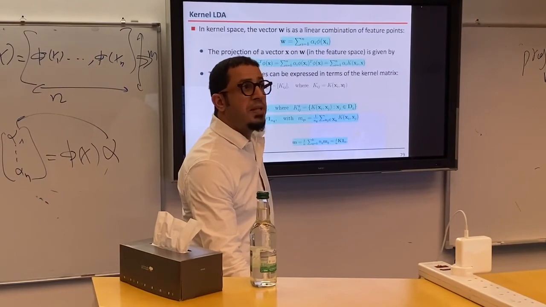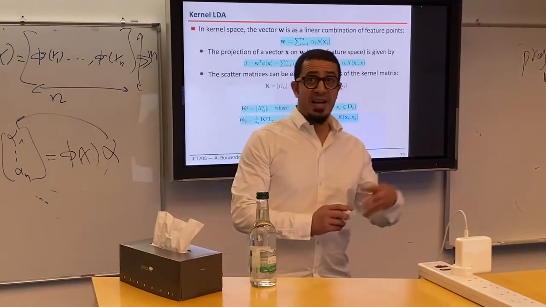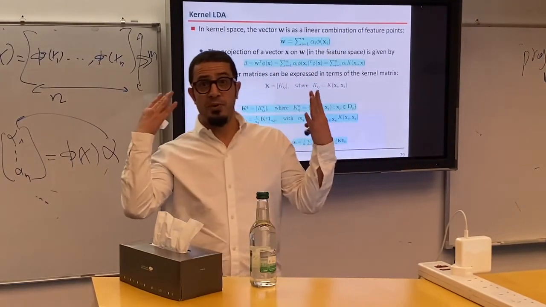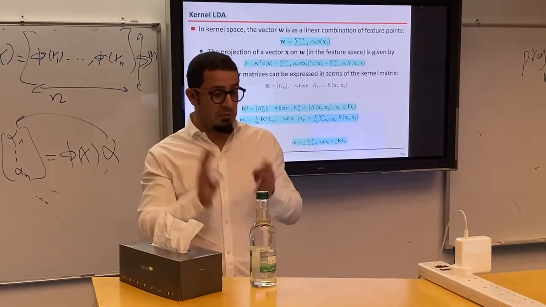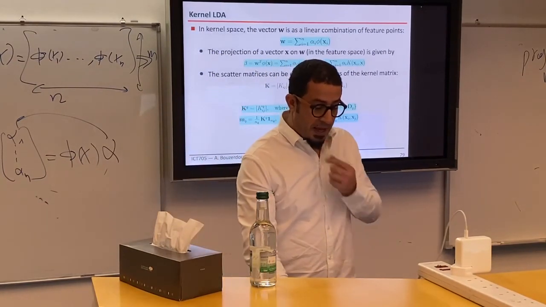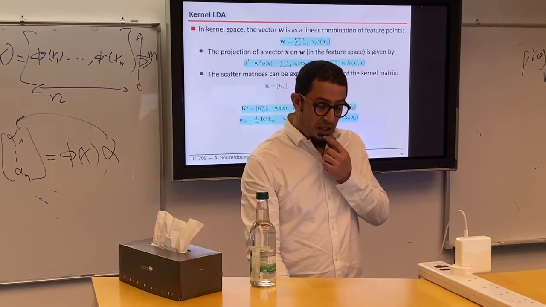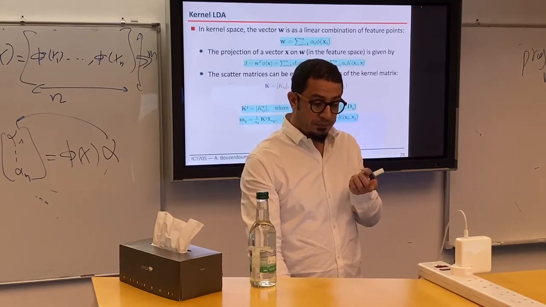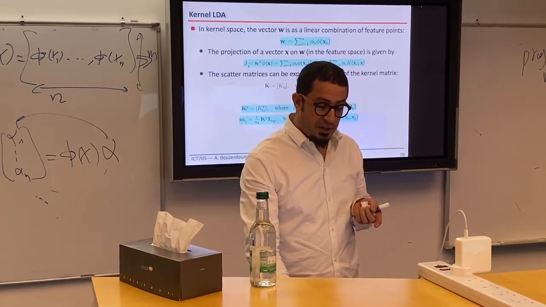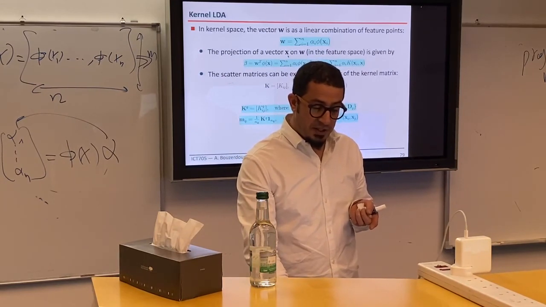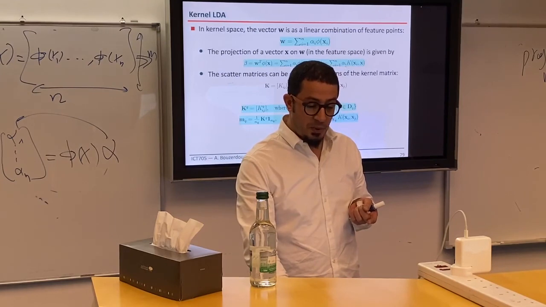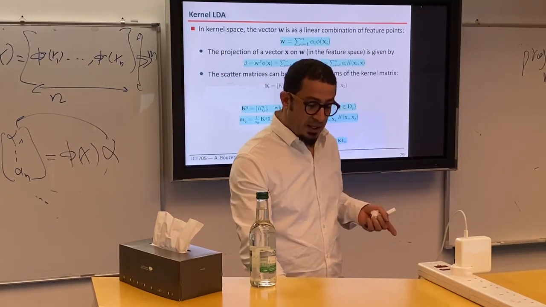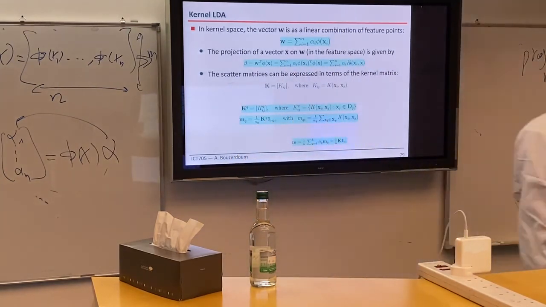What does this one here mean, please? Phi xi dot product with phi xj. That's all. Okay. Beta. What is beta here? It is the projections. Beta is the coefficients of the projection of the entire x vector on W, which is this one here. And this is the way in these equations, but I prefer to use this one, which is much better to simplify: alpha transpose K j.